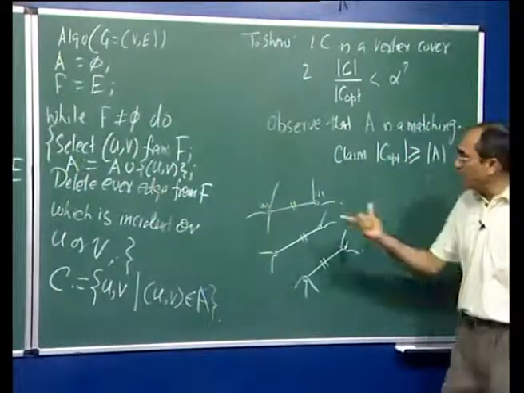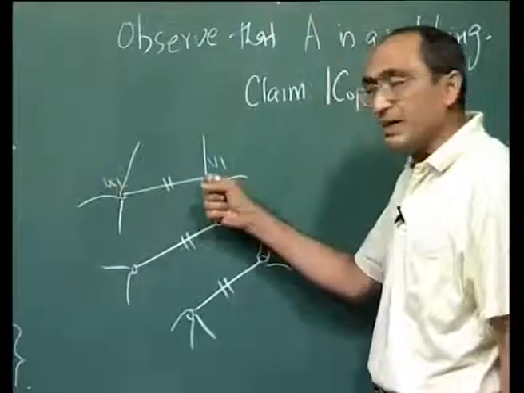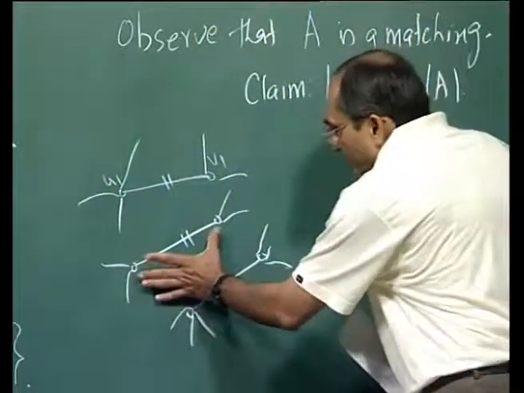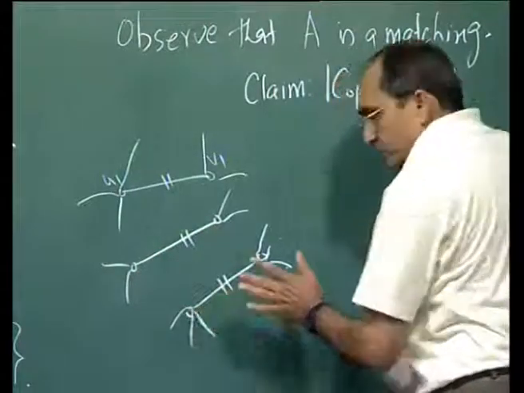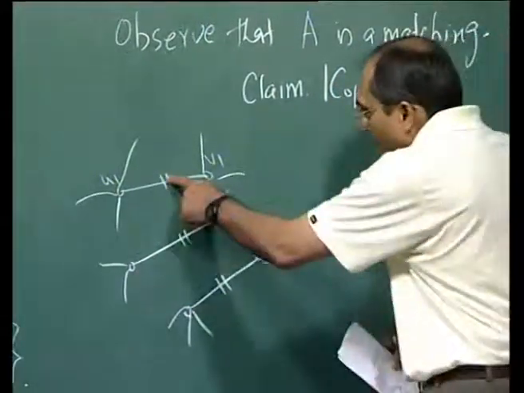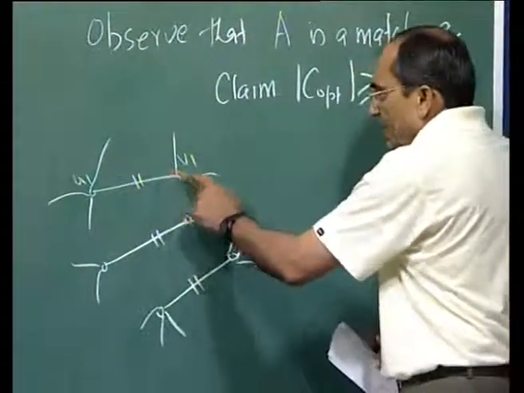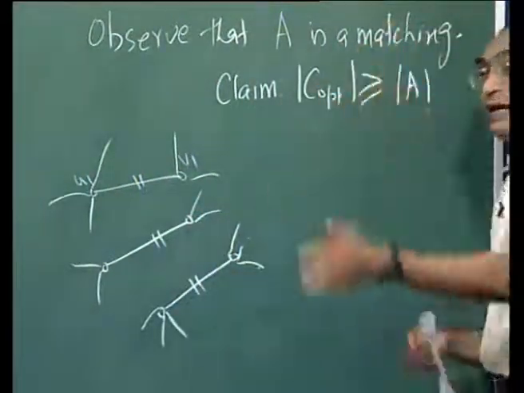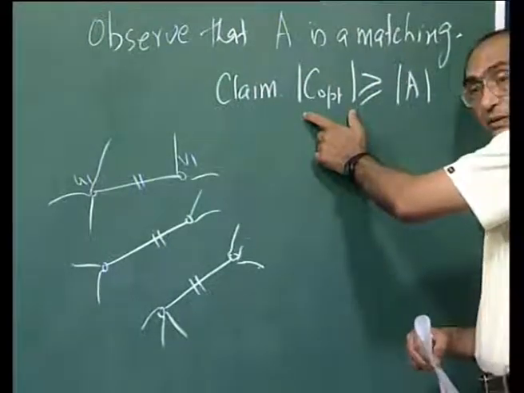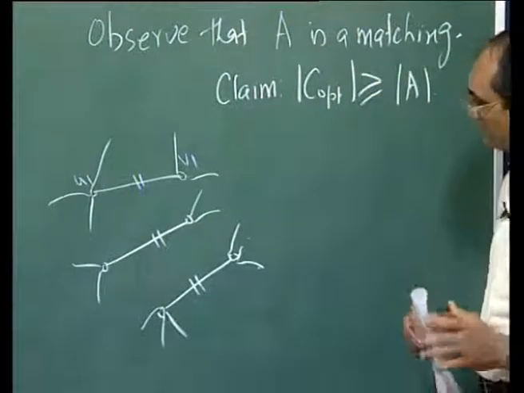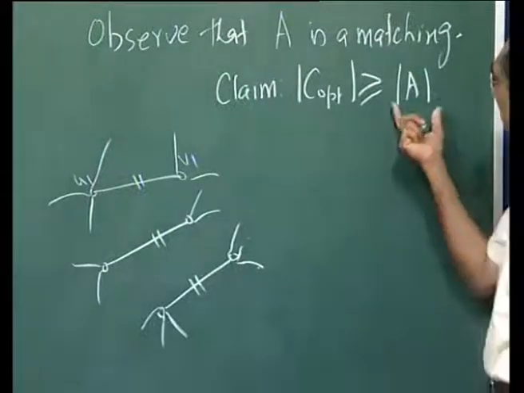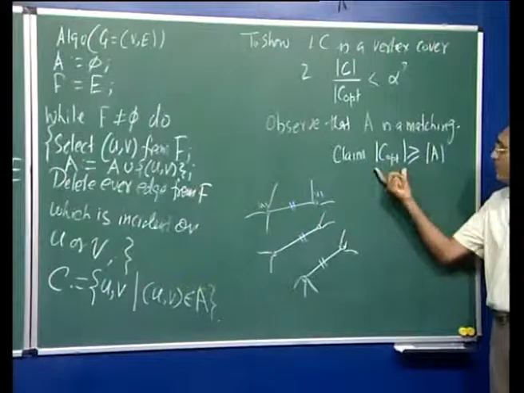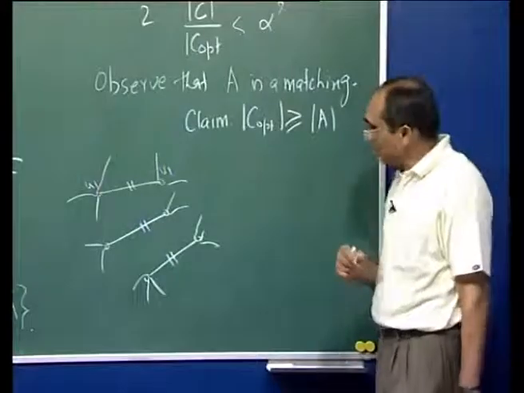It cannot avoid both, otherwise this edge will never be covered. Similarly, it must pick one of these two and one of these two. So, from every one of these matching edges, one of the two end vertices will be put in any vertex cover, in particular C opt. Hence, the size of A is a lower bound for the optimum vertex cover.